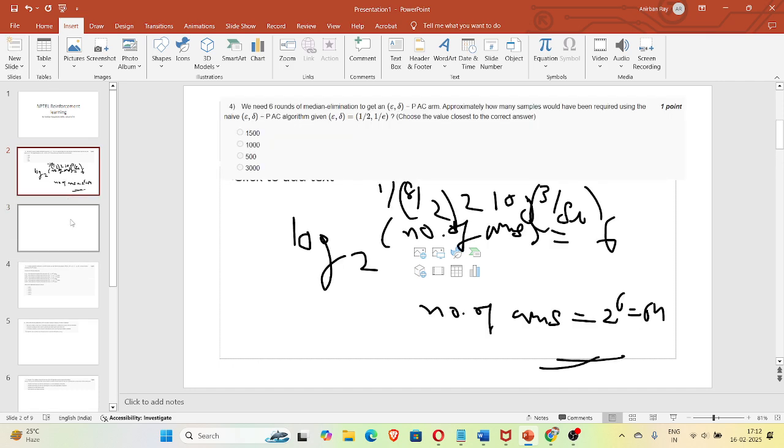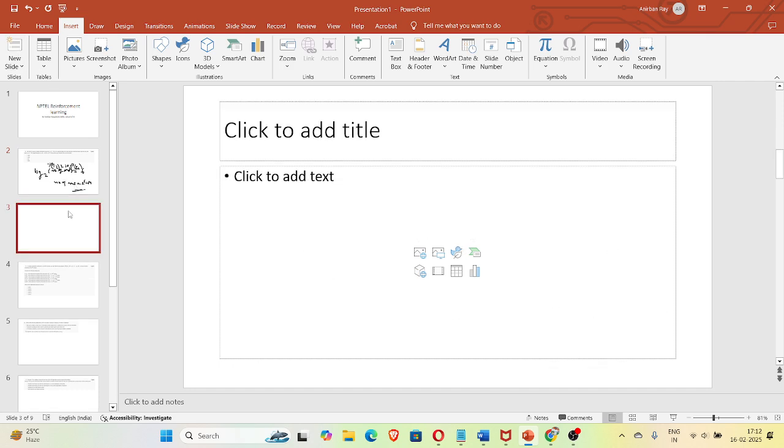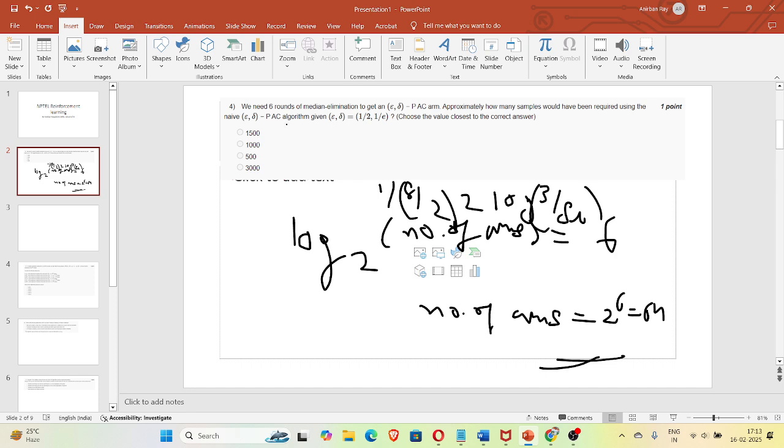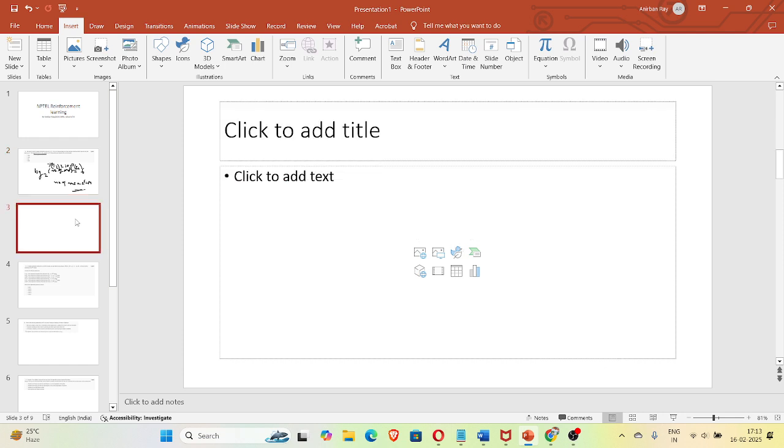So moving forward, next we are given this epsilon and delta, how many samples would have been required? Okay. So from the naive approach, the number of samples is given by 2 by epsilon square and ln 2k by delta.